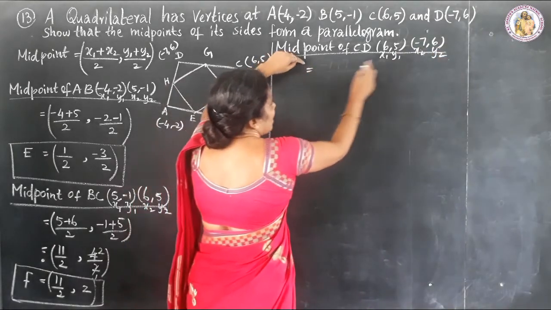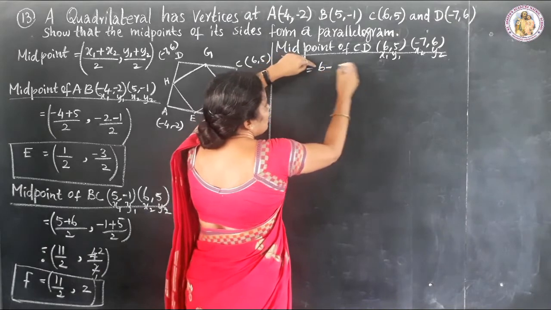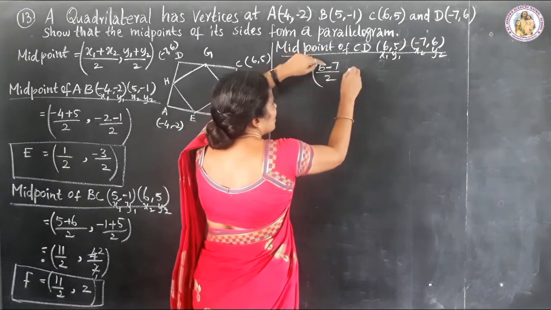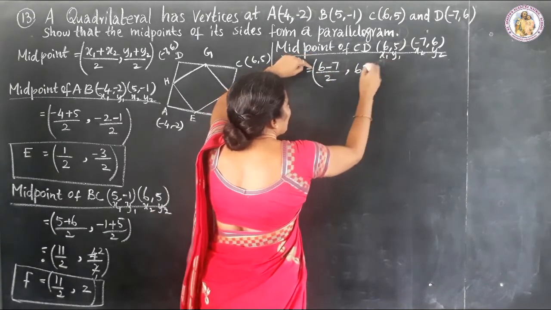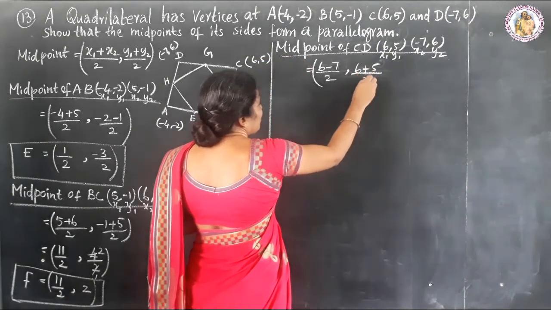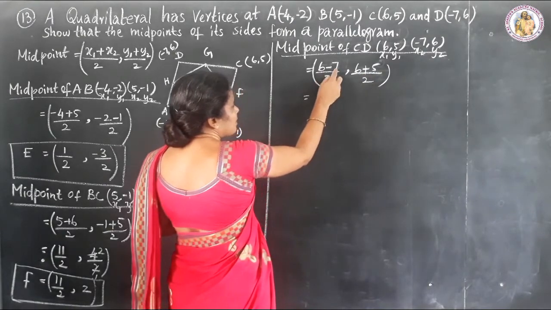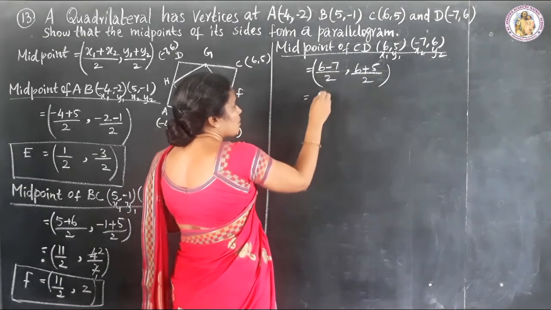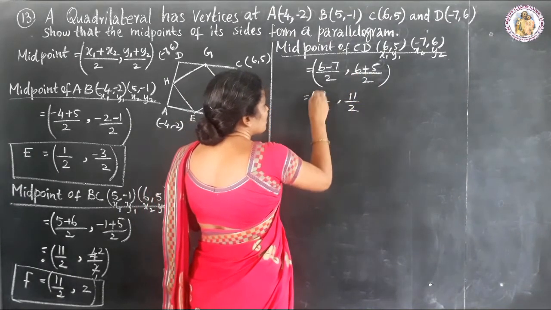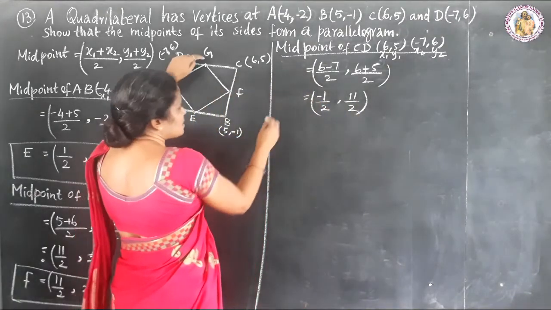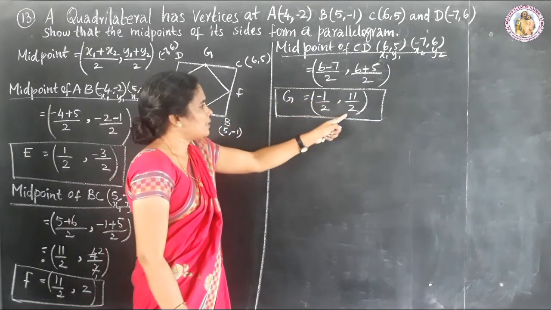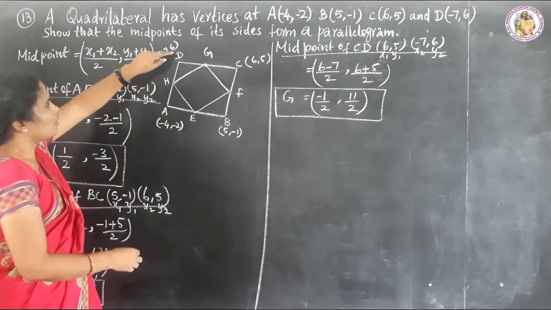So x1 plus x2, that is 6 plus minus 7, by 2, comma y2 plus y1, 6 plus 5, by 2. 6 minus 7: 7 is greater, 7 minus 6 is 1, so minus 1 by 2, comma same sign, 6 plus 5 is 11 by 2. The midpoint of CD is G, so G is equal to minus 1 by 2 comma 11 by 2. Now let us find the midpoint of DA.